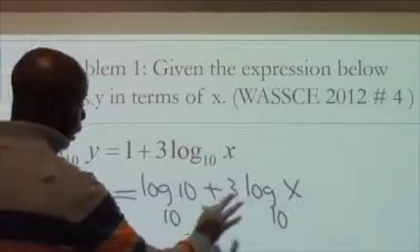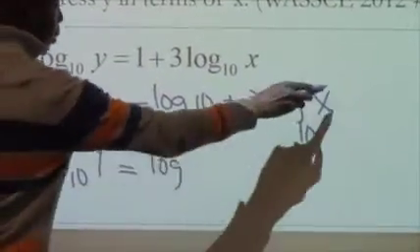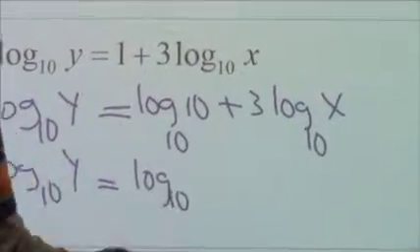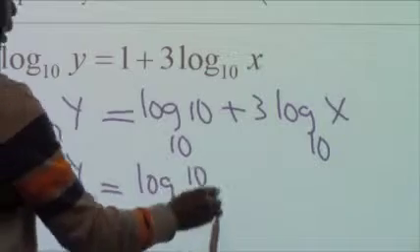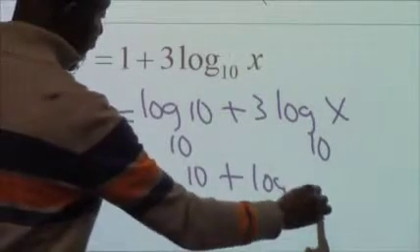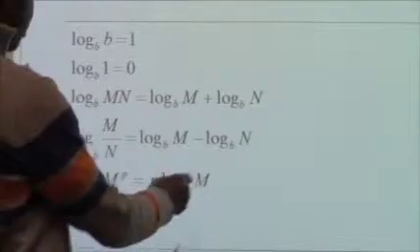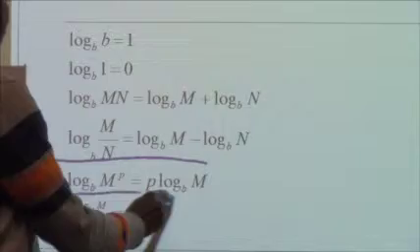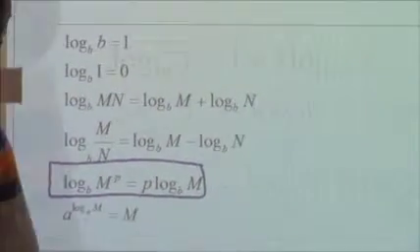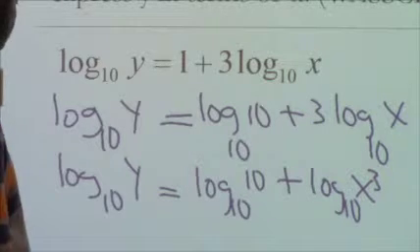Now I can join these by addition. The first thing, before I join them, let me apply the power law: log base 10 of 10 plus log base 10 of x cubed. Where did that come from? Let's go back right here. This law is what I'm applying. Good. Now I can join this again if I go back to the law that I have over there.